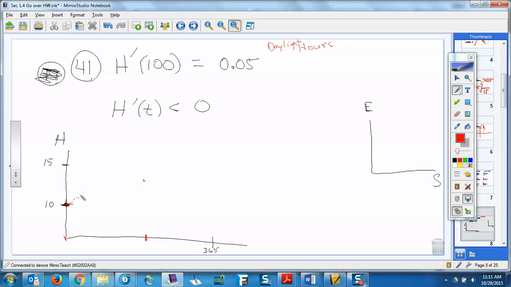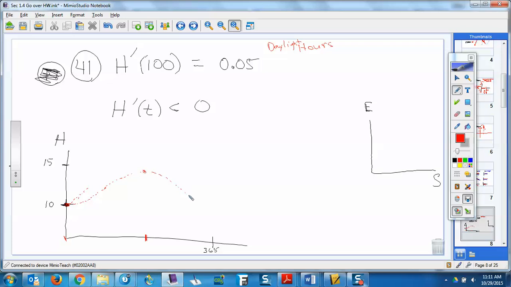It's going up pretty slow, so it's curving like so. Then it has an inflection point in here, hits its peak, then it comes back down here.